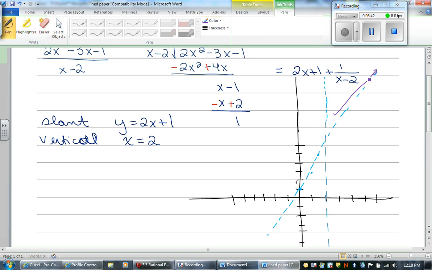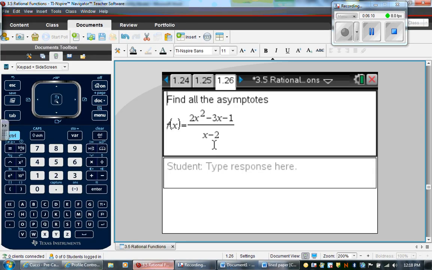It gets closer and closer here, and then it loops around and gets closer and closer here. And then the same thing on this side. Really close, loops around, really close. And they follow these asymptotes all along, but never actually touch. So that's your first look at a slant asymptote. They're really not too bad. You just have to remember how to do that long division.